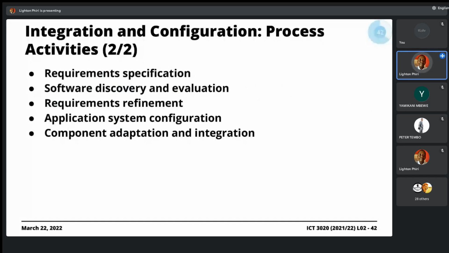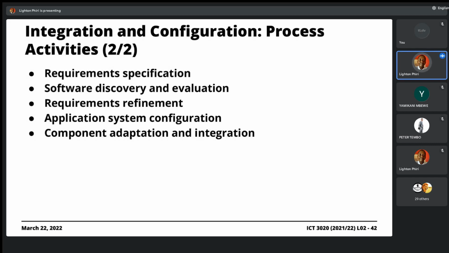Everything stems from the requirement specification. This will determine whether or not you're going to want to use integration and configuration. If you are, then you go out there and you look for an appropriate software component, and we know where to go, right? There are plenty of repositories: GitHub, Maven, NPM. What else is there? Yarn, right?